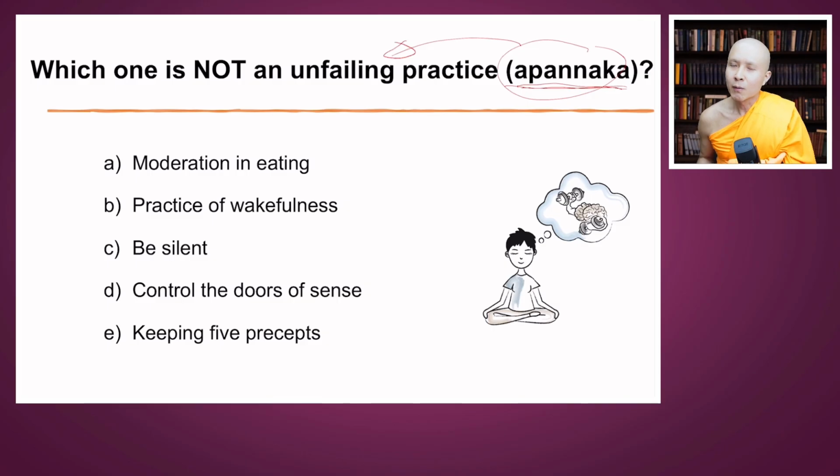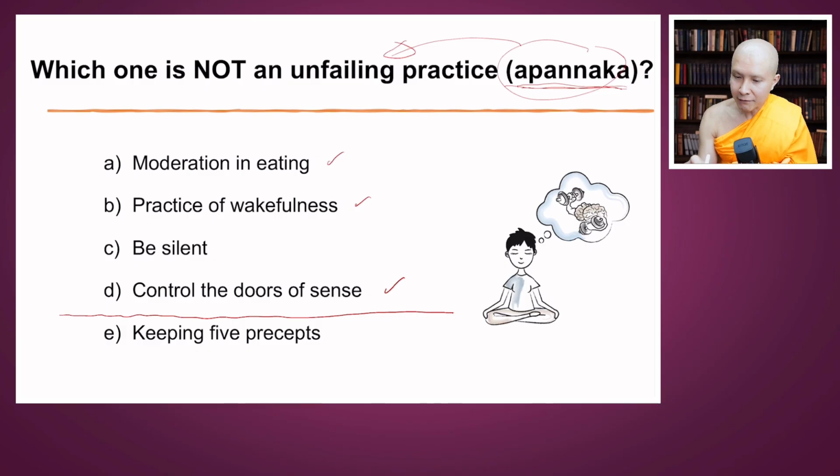So which one is not? That means you need to know what the 3 items on the list in the Apannaka Dhamma are, right? So if it's not listed in those 3 items, then you know the answer. Moderation in eating, that's for sure. Practice of wakefulness, that's for sure. Right? Guarding the sense door, that's for sure. But this one a little bit, I added E because last week I mentioned something further, not just the 3 items on the list, right?